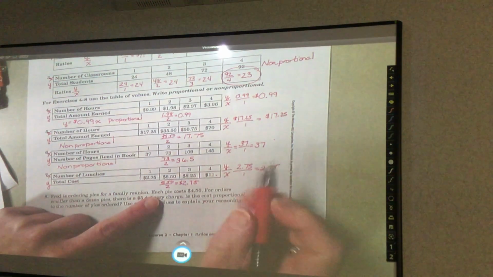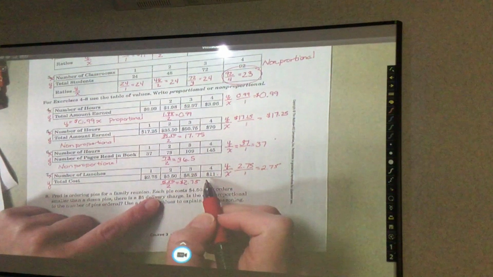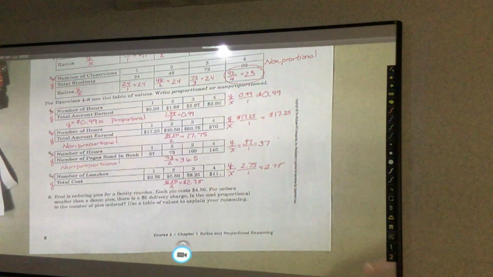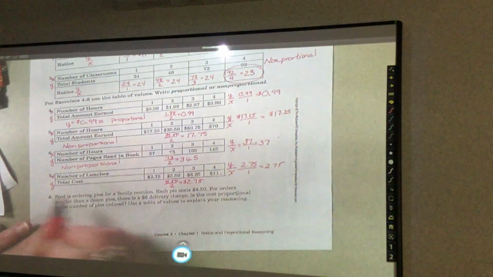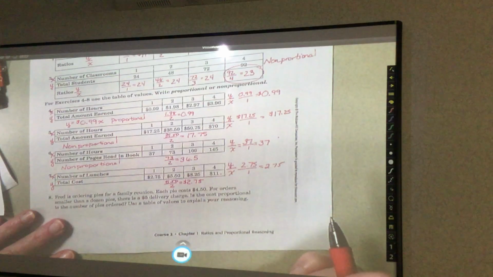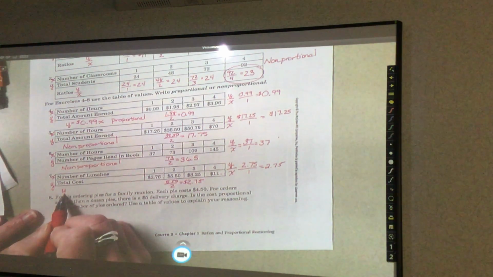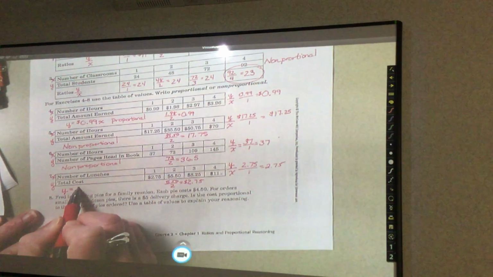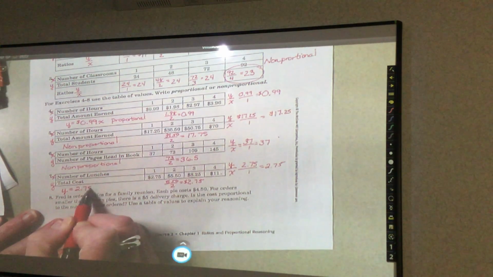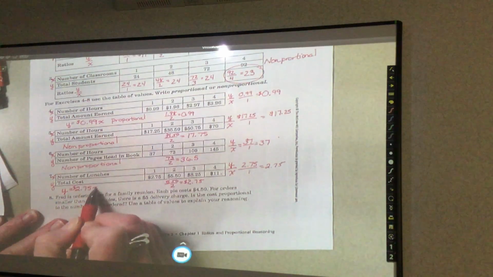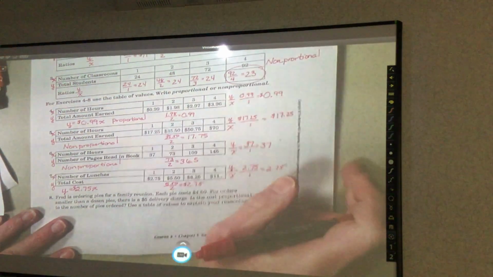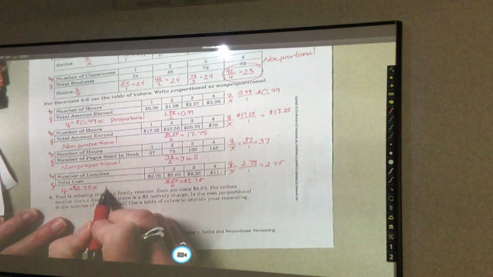With my calculator, they all equal $2.75. So what is my constant? What is my K? $2.75. So my equation's gonna be Y equals $2.75 times X. And make sure you write then proportional.